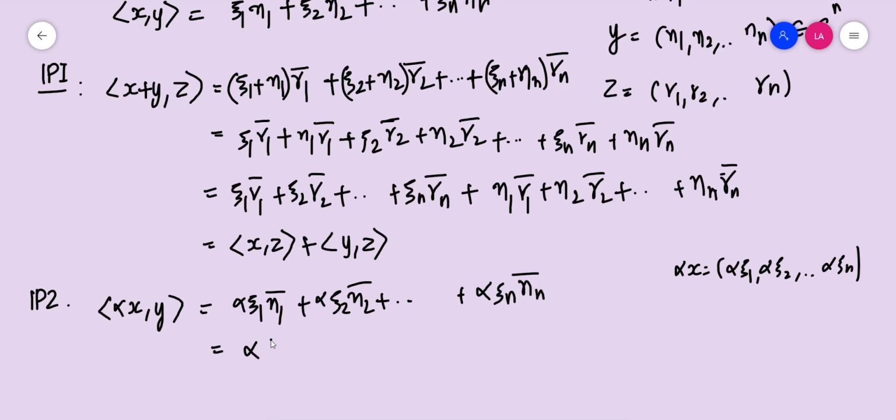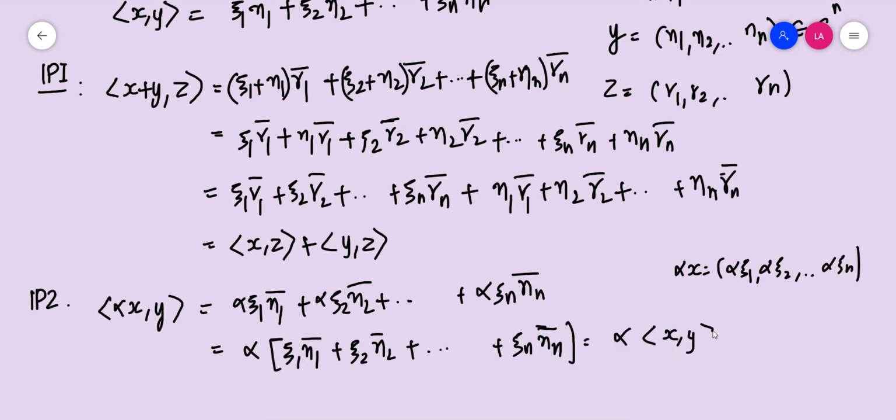If we take alpha outside, this should be equal to alpha times (theta 1 eta 1 conjugate plus theta 2 eta 2 conjugate plus etc. plus theta n eta n conjugate), which is equal to alpha times the inner product <x, y>. So the second property is being satisfied.